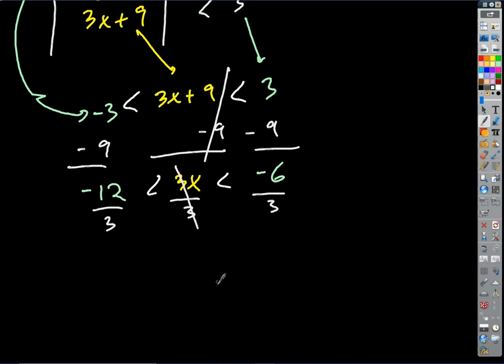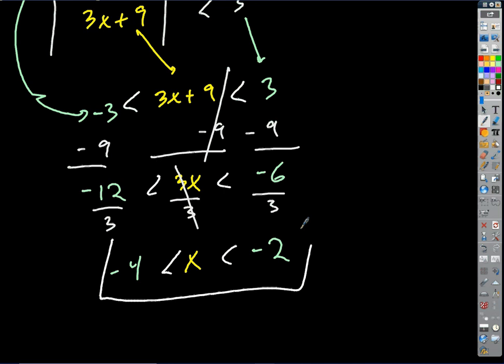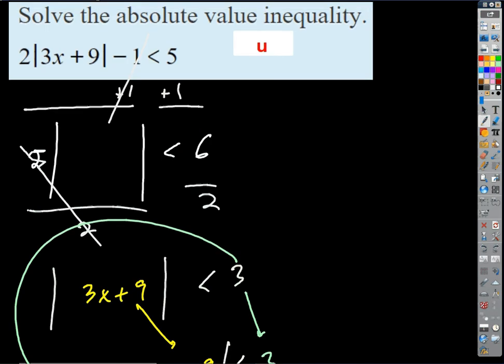Okay, so the 3's cancel, I end up with an x. Negative 12 divided by 3 is negative 4. Negative 6 divided by 3 is negative 2. And so here's my solution in the form of a compound inequality. So x is greater than negative 4 and less than negative 2. Those are all the infinite values of x that make this statement true.